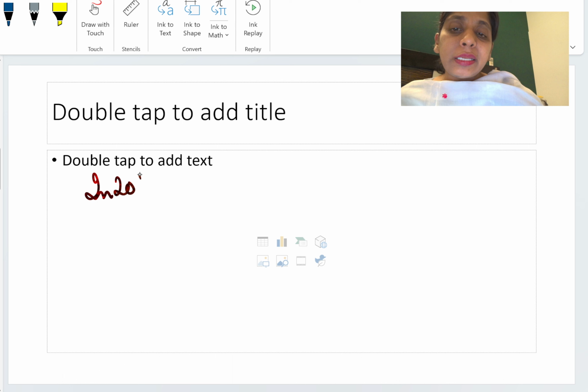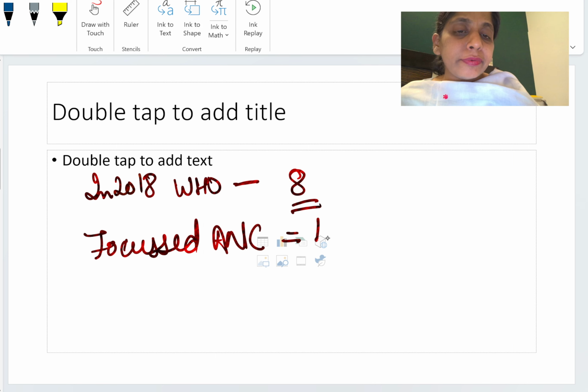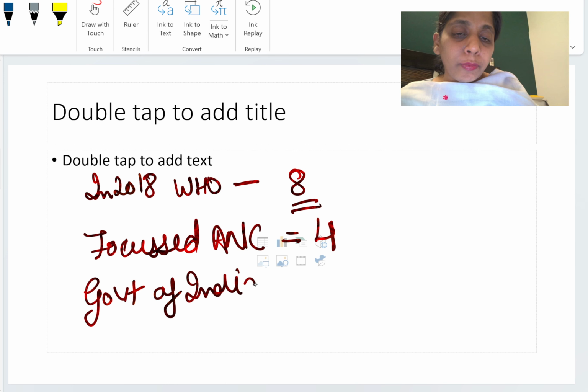Okay, and if in the question the words are focused ANC, then the answer is 4 focused ANC visits, or the minimum number of visits as per the Government of India, because in India there is a lot of population explosion, so we have fewer health workers. So as per the Government of India, the minimum number of antenatal visits is 4. I hope you understand.